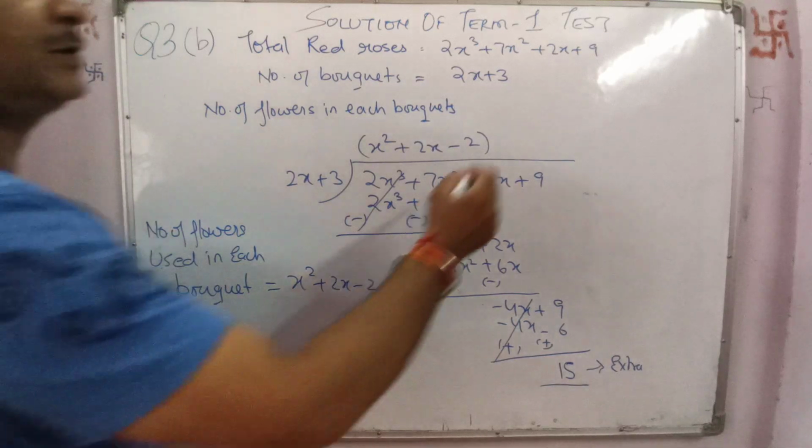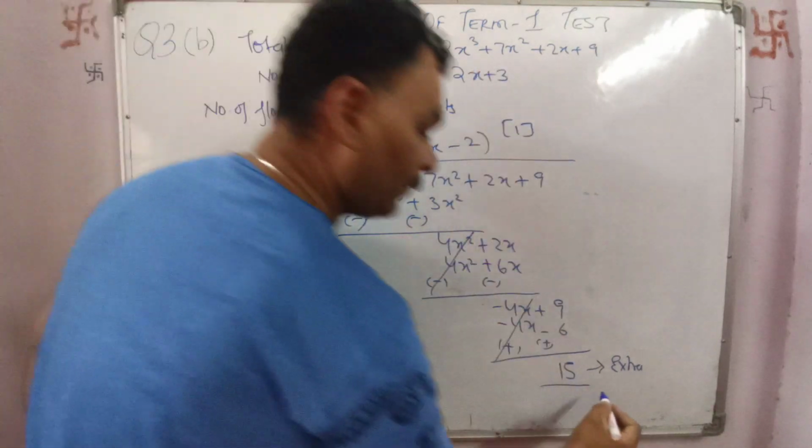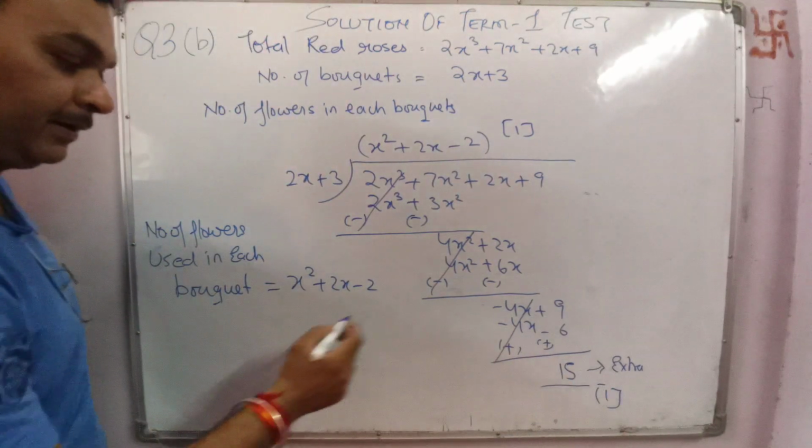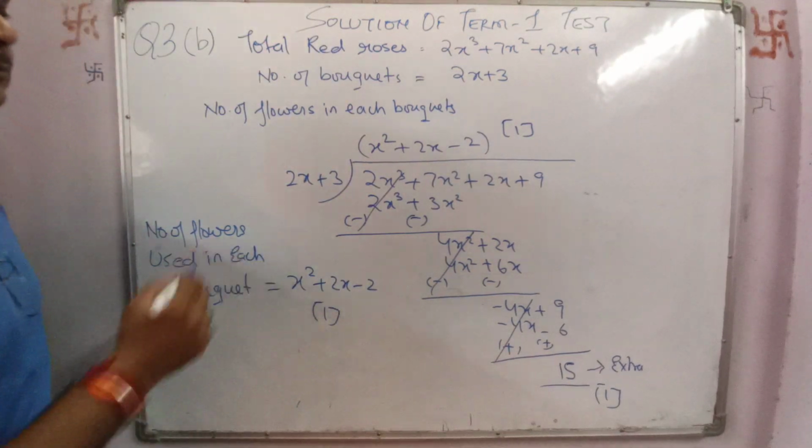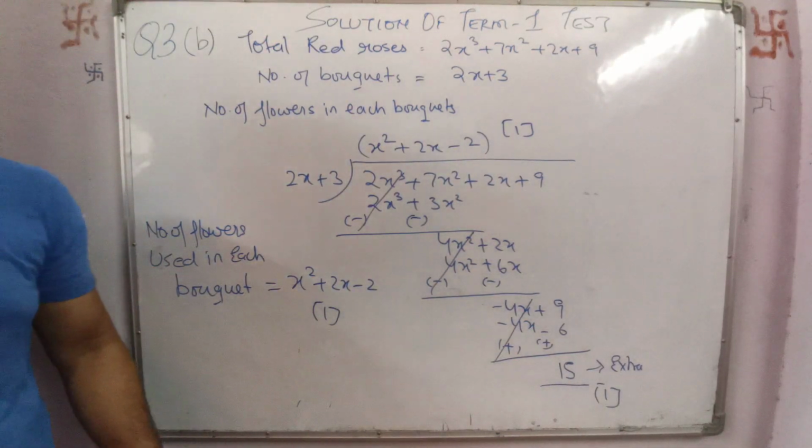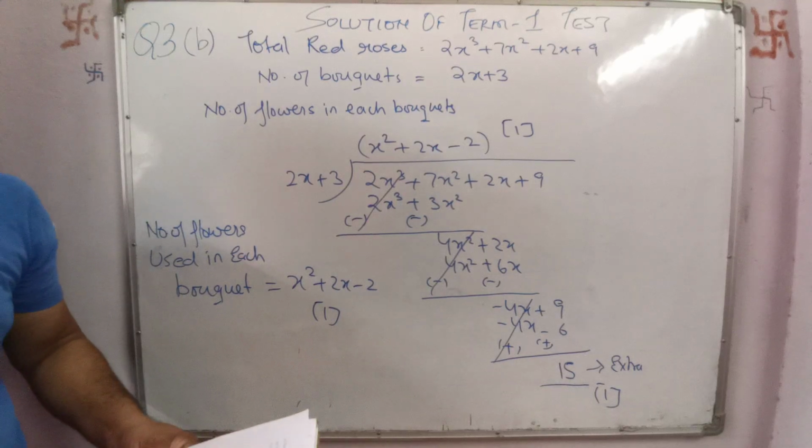Now the mark distribution: 1 mark for this correct quotient, 1 mark for finding the correct remainder, and 1 mark for the answer statement. You have to write the answer statement.